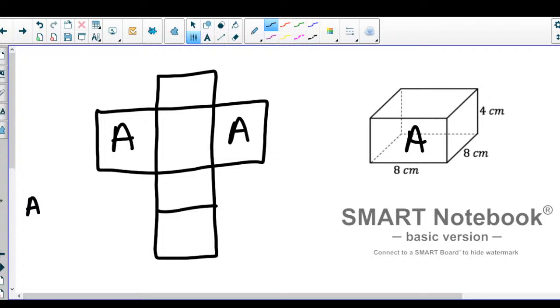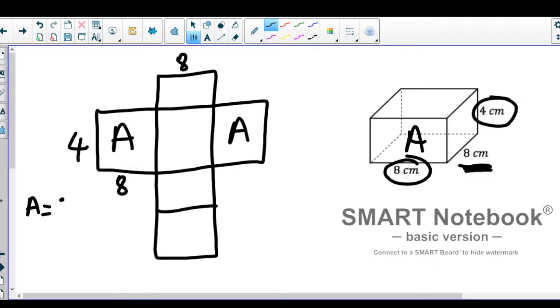Oops, should write them in. Well, it's 8 by 4. So there's my 8, there's my 4. Does it matter which way? No, it doesn't. And then remember that the other side, this one, is that width there across the top, which is also A. So the area of A is just 8 times 4, which is 32.